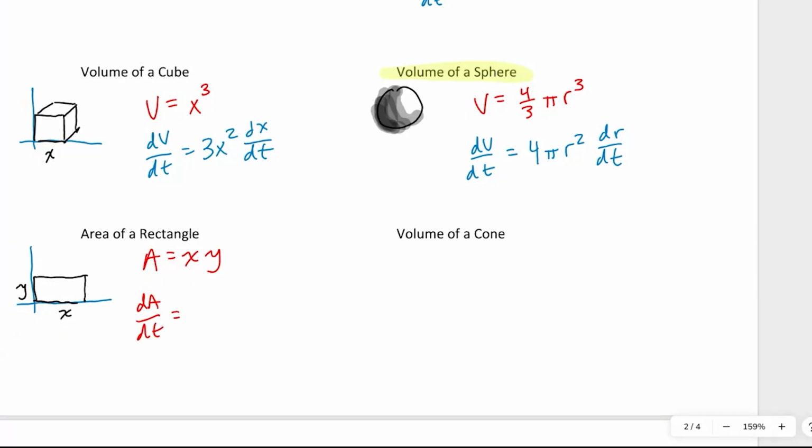F prime g plus fg prime. So derivative of x with respect to t is just dx dt times y plus f times g prime, dy dt.